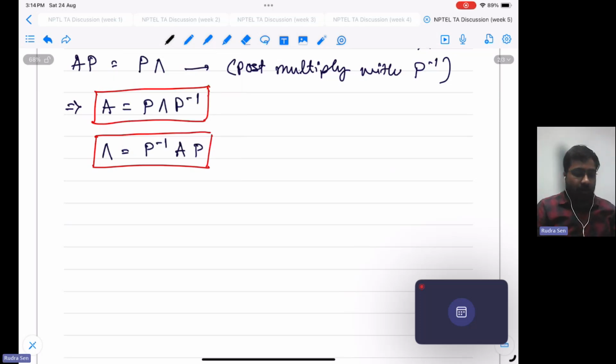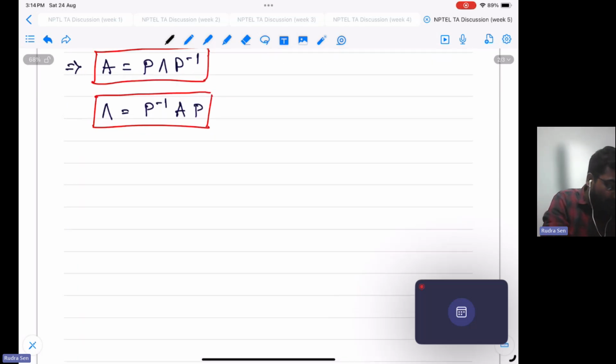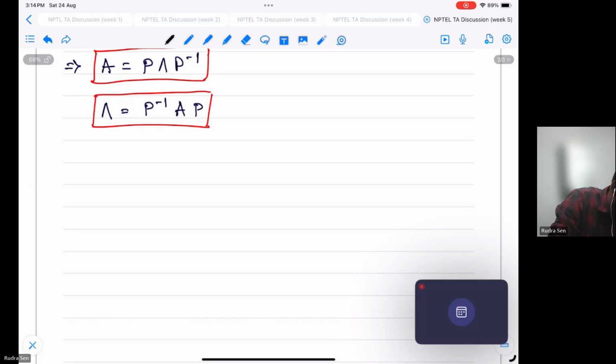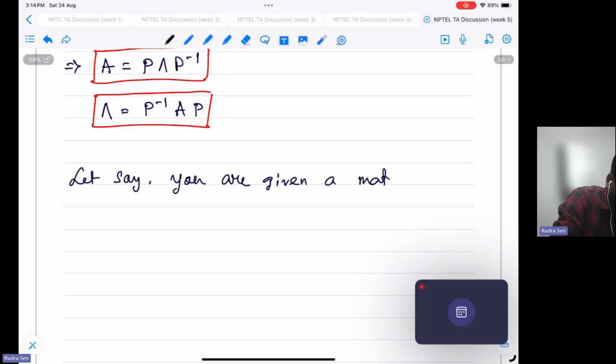So this is the one thing. Why is it required? Why do we care about diagonalization? Let's say you are given a matrix A. Consider for right now that matrix A has distinct eigenvalues, so you will have distinct eigenvectors.